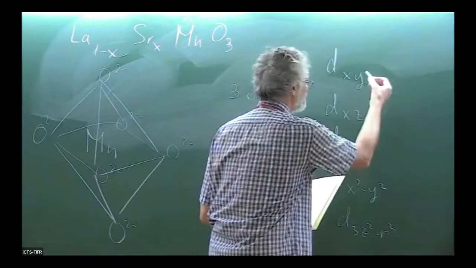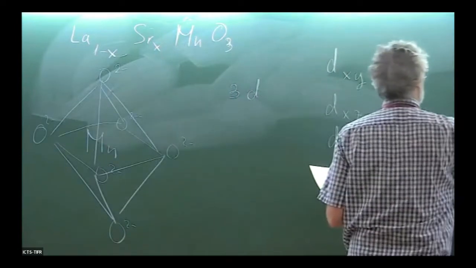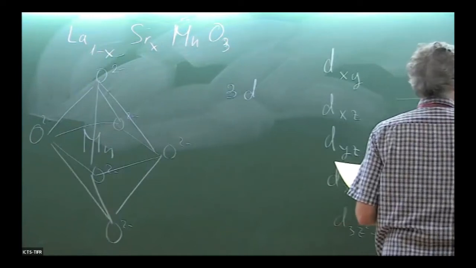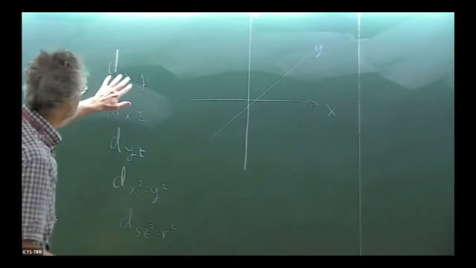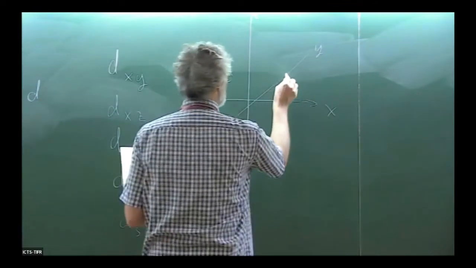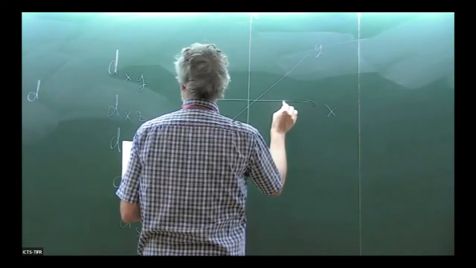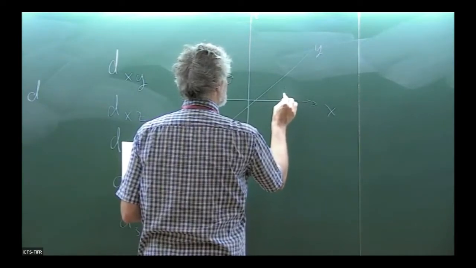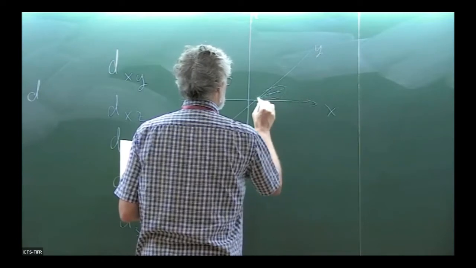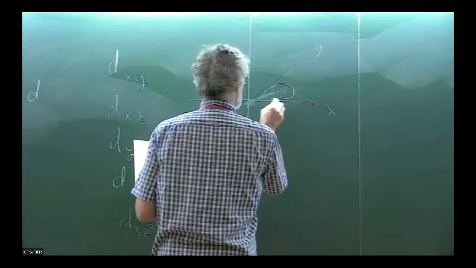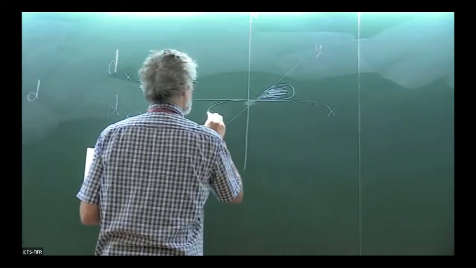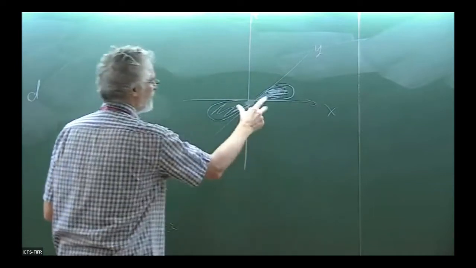You can represent them like this: here I draw the x, y, and z axes, and for the xy orbital, there is a positive cloud of the wave function here, and a negative part along here, something like this.